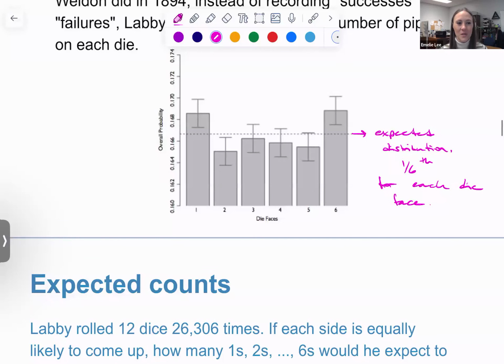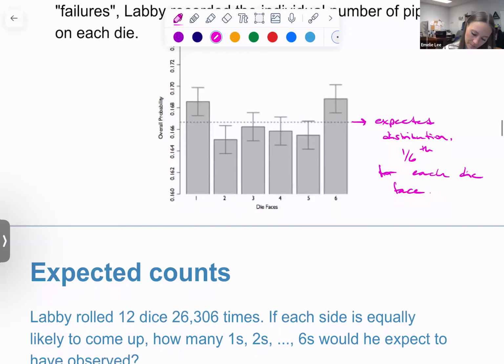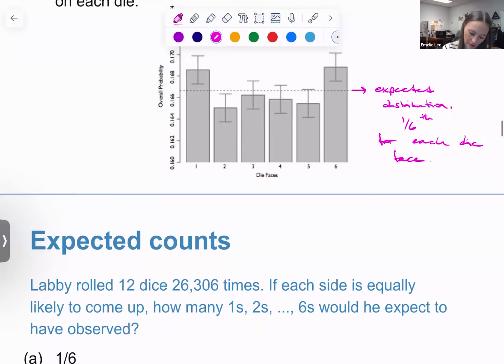So what we can do is find expected counts. If we have this expected distribution, and in this case, we want to know if it's evenly distributed, I'll make a note here: we expect an even distribution.